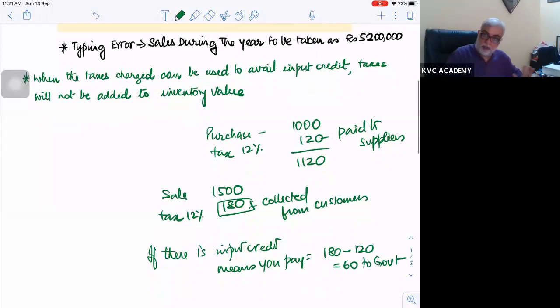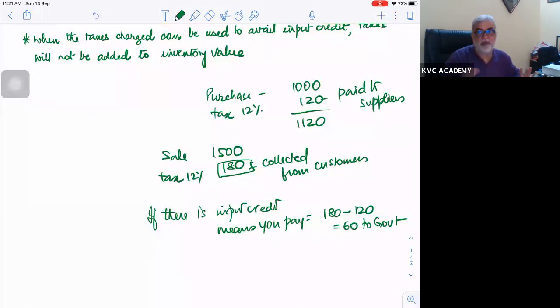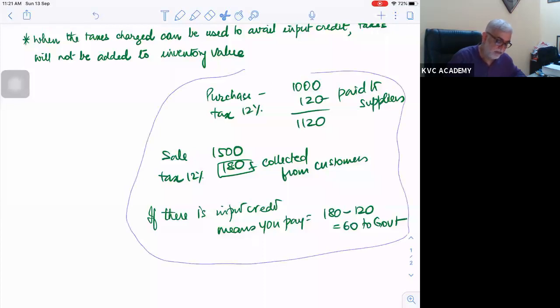But if you don't, then you have to pay the entire 180 to the government. Now this is an example of input credit. Fine, you learn this in intermediate when you do GST. So right now this much is enough. I hope you understood, everybody.